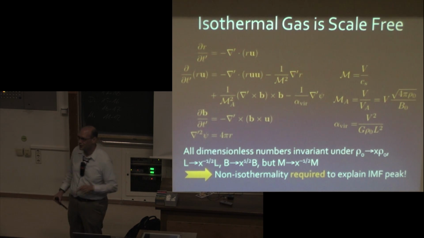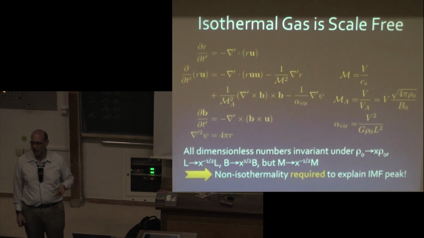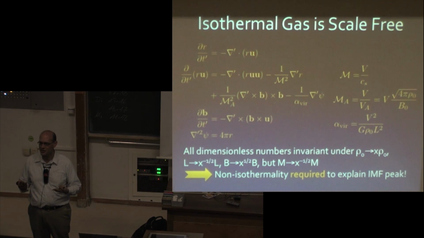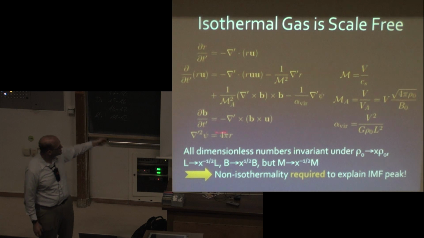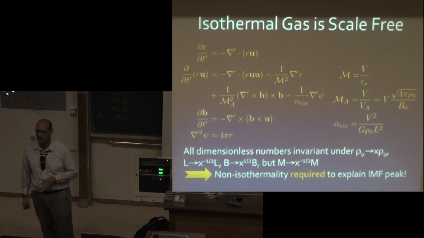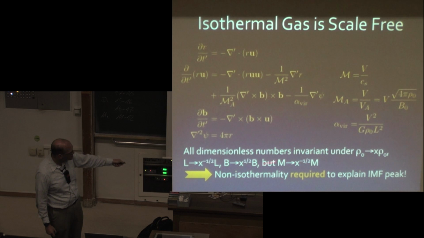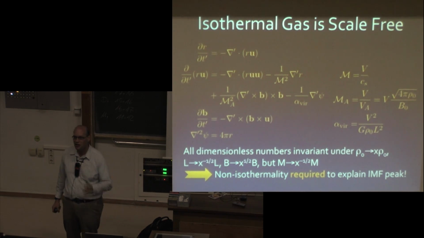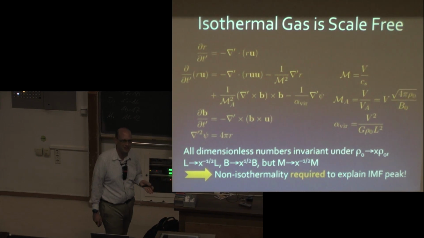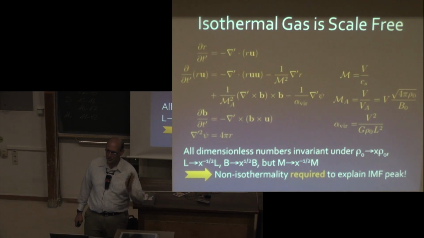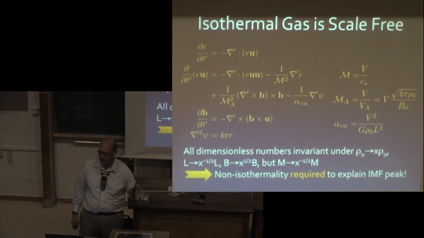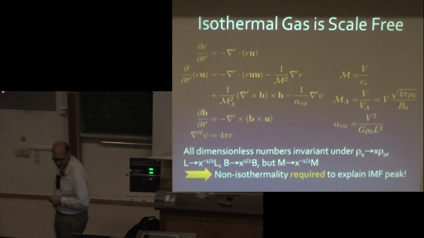So you cannot explain the existence of a characteristic mass scale using just the physics of isothermal gas. There's just not enough physics in there. You have to drop the assumption of isothermality to explain why the IMF has a characteristic mass scale. I learned this from the advanced technique of dimensional analysis and nothing more than that.